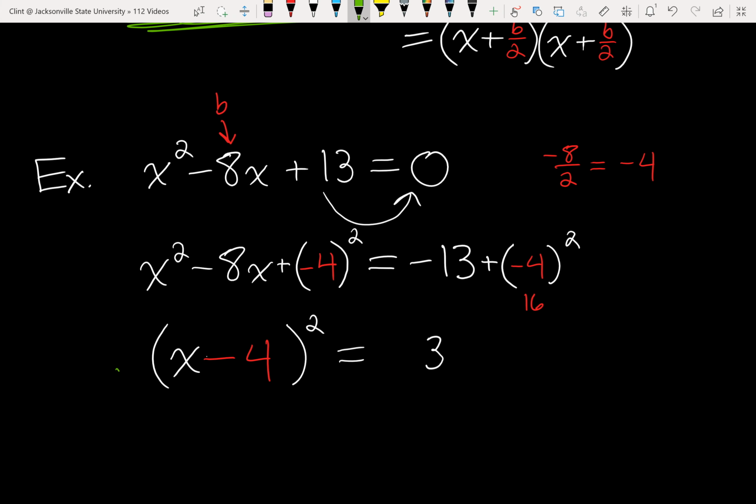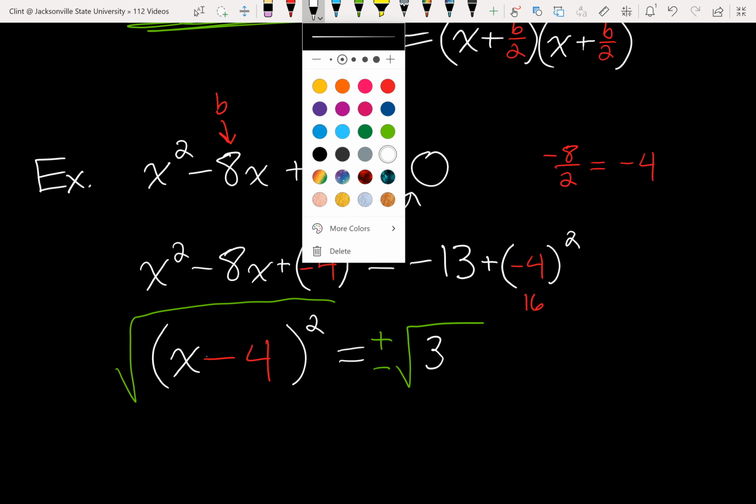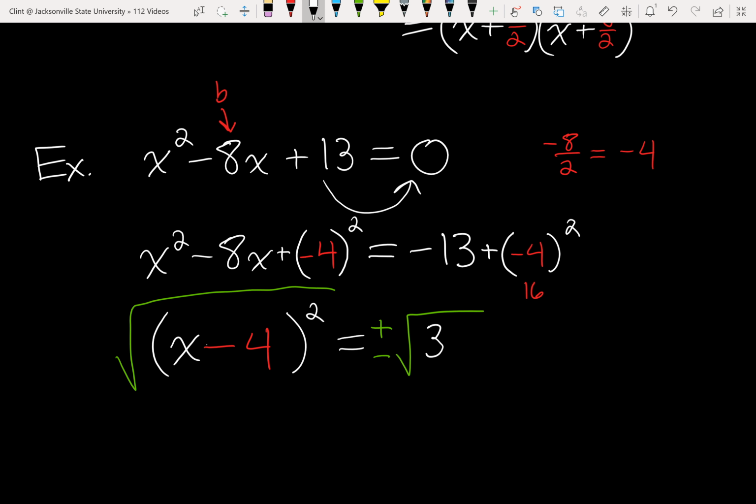So all we have to do is we can take the square root of both sides. One thing you have to remember when we take the square root on the right side, taking the square root of a number, we need plus or minus. So it could be positive, could be negative. Taking the square root on the left is really easy. We just get rid of the squared sign.